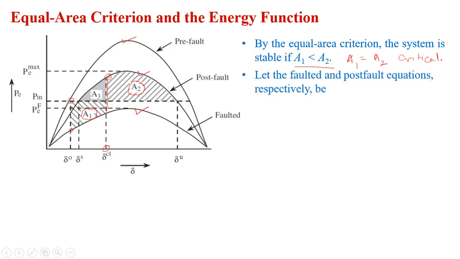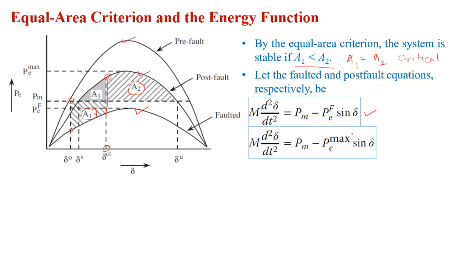Let us write the faulted and post-fault equations this way. Under faulted condition, I can write M d square delta by dt square equal to Pm minus Pf sine delta, and during post-fault condition, M d square delta by dt square equal to Pm minus P max sine delta.